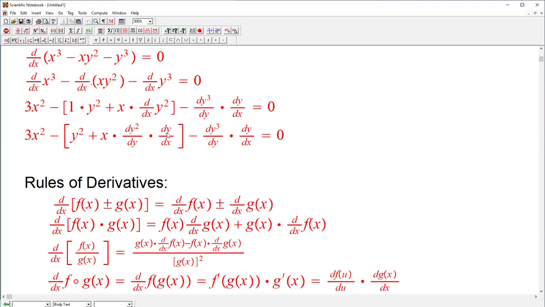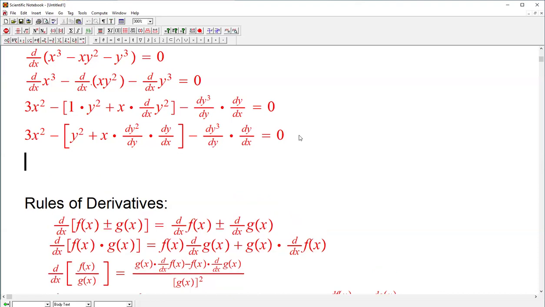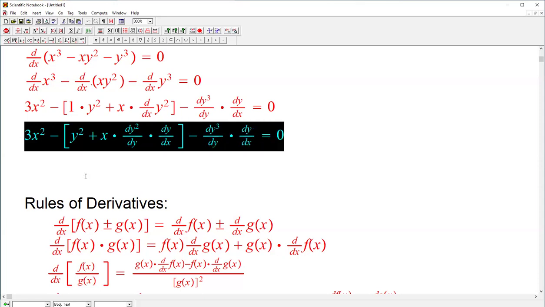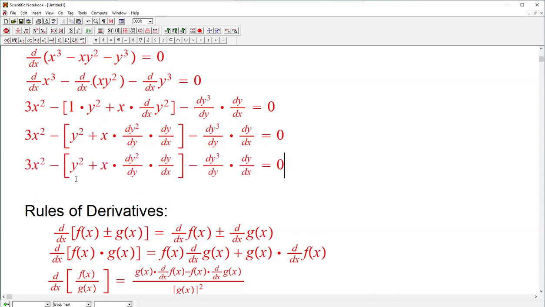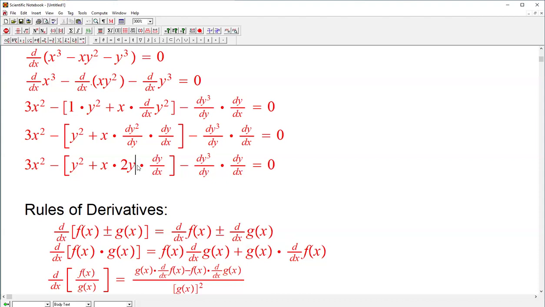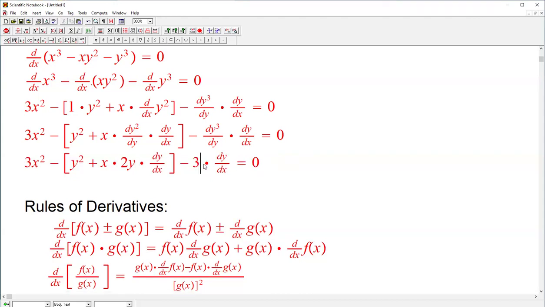So dy divided by dy is 1, just like this one. If you have questions about applying the chain rule, please ask me. Now we can more or less complete it, because here it's going to be 2y, and over here it's going to be 3 times y squared.